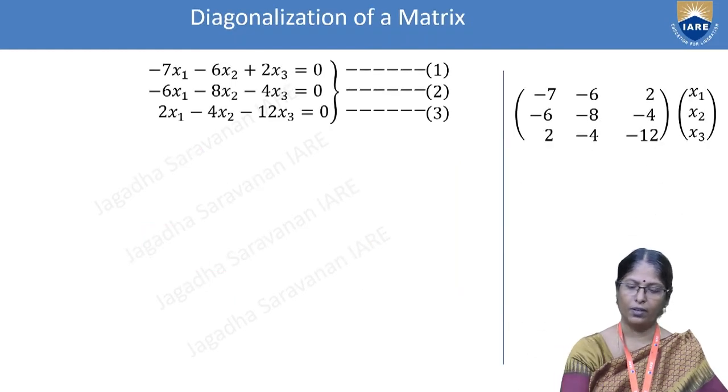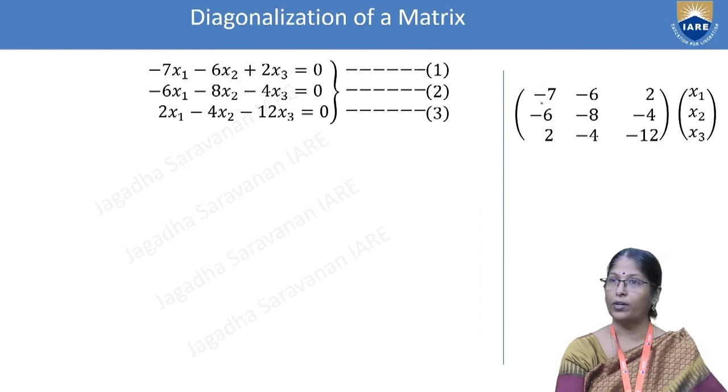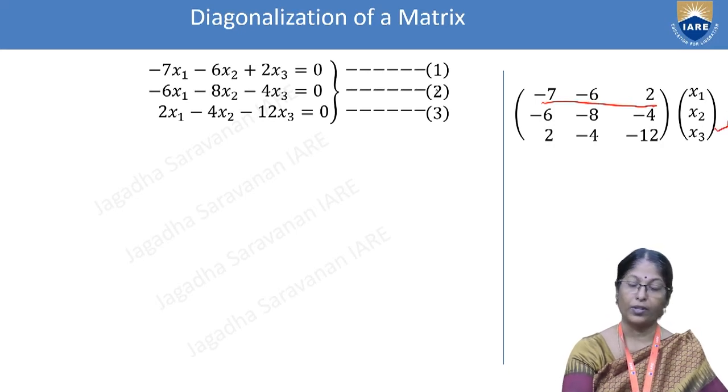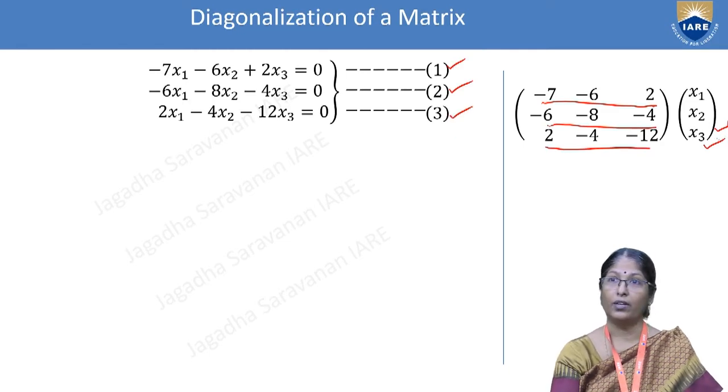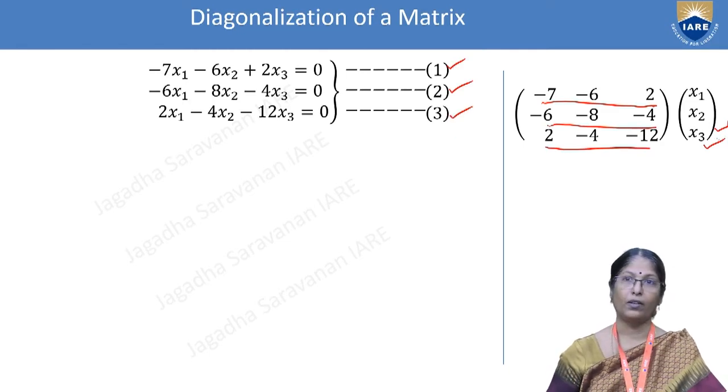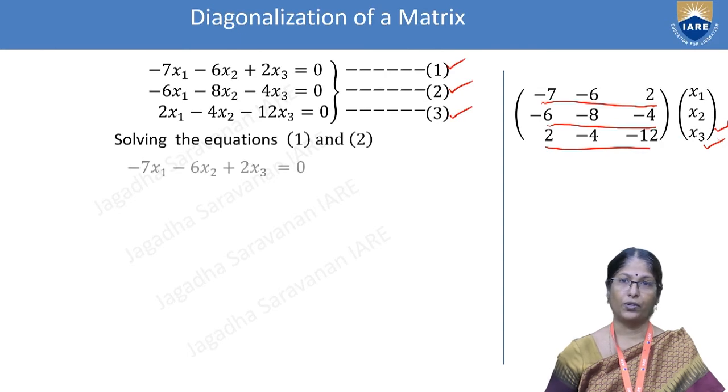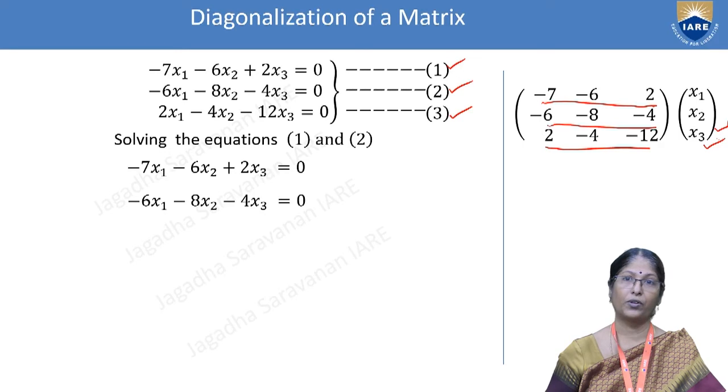So this is the thing, we know how to do the multiplication, same as before. First row, complete the column, we got the first equation. Second row, column, so we got the second equation. Third row, multiplying, we got the third equation. Solving first and second: the first equation is written, the second equation is written.